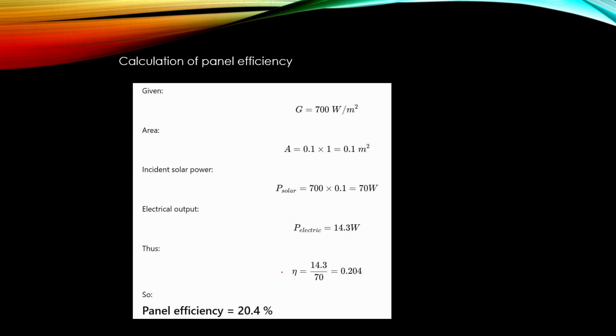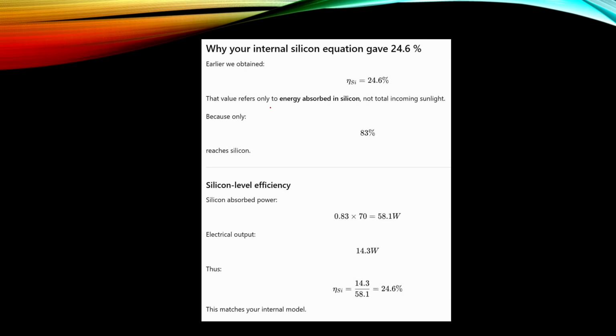This means that the efficiency is 0.2, and we can say that panel efficiency is 20.4%.